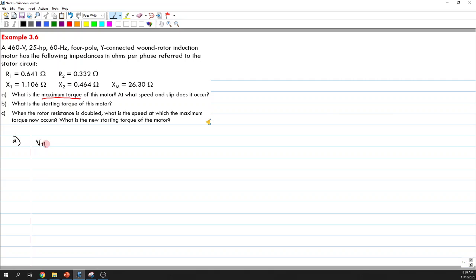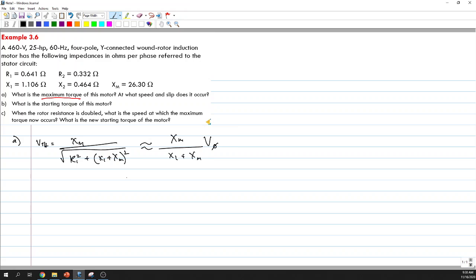VTH is equal to XM over the square root of R1 squared plus X1 plus XM squared. You can also use the formula XM over X1 plus XM, times V phase.